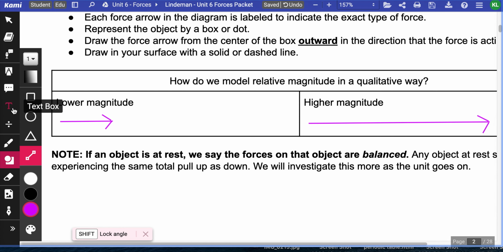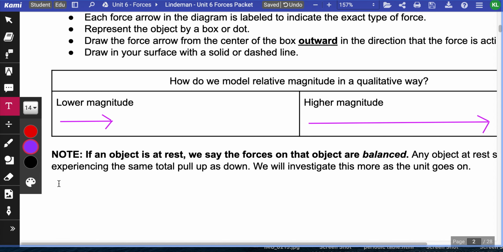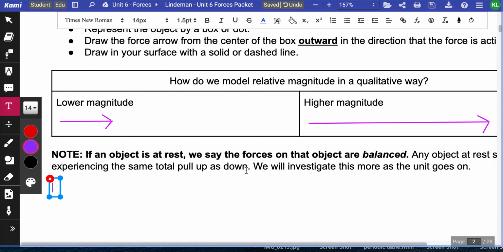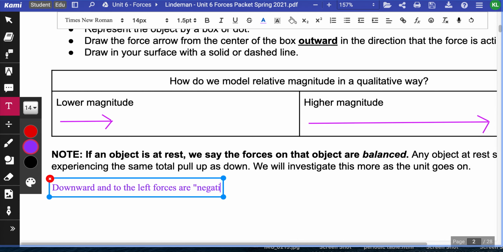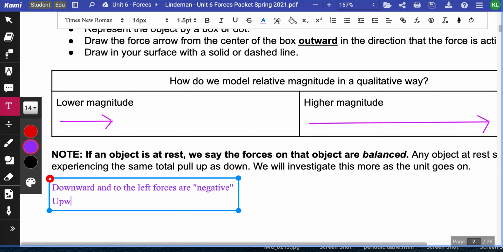Something else that we want to think about is any downward and to the left forces are negative. Upward and to the right forces are positive.